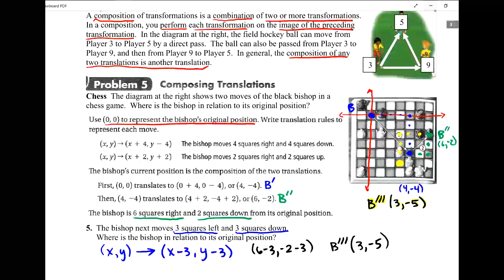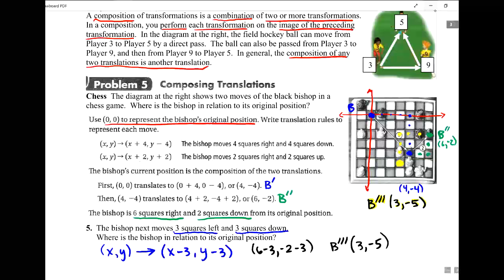Okay, so we start at bishop double prime here, and we move 1, 2, 3 left in the yellow and 1, 2, 3 down in the yellow, and we have a new spot there, and that is over 3 and down 5 from our original position that we called 0, 0. Now, we did it graphically on our coordinate plane. We can also do it numerically.